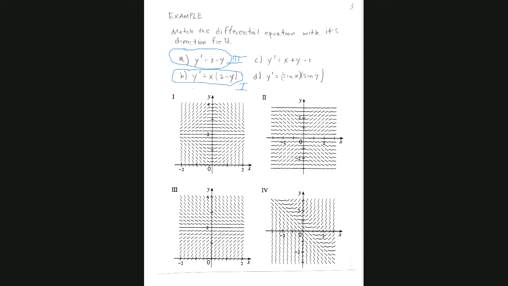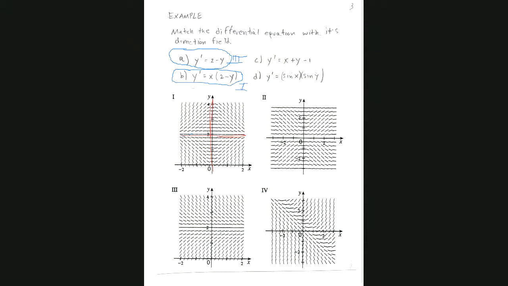So y equals 2 is this horizontal line where the slopes are flat. And x equals 0 is this vertical line here. Slopes are flat there. Even though in choice 3 the slopes are flat along y equals 2, the slopes are not flat along that vertical line x equals 0. So far we're doing well.